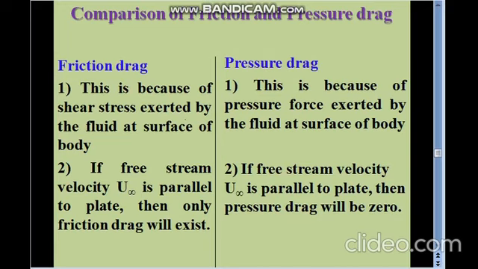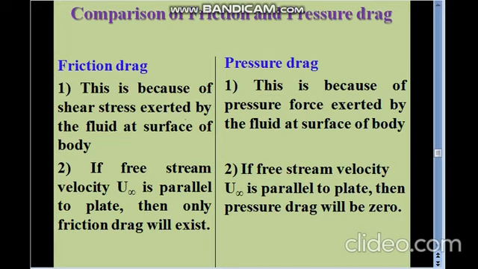So this is a drag or opposing force to the body because of the shear stress at the surface. Now pressure drag is because of the pressure force exerted by the fluid at the surface of the body.